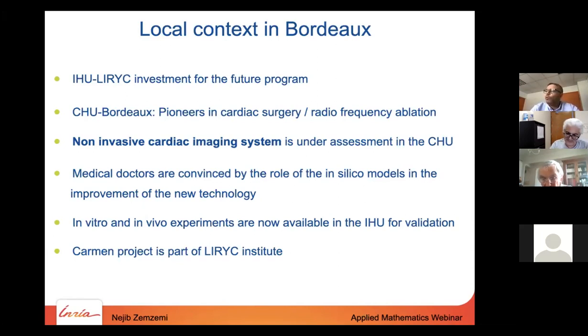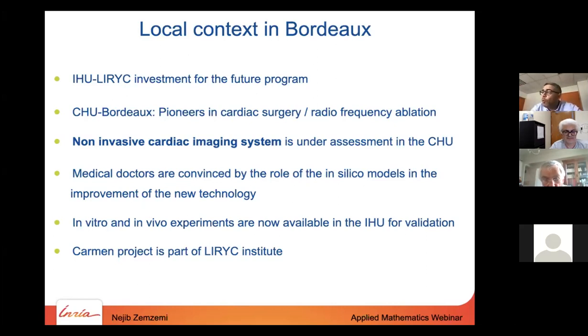Also, we benefit from the fact that the medical doctors here are convinced that the models could help to improve the technology in order to better make diagnoses and treatments. There are also in vitro and in vivo experiments performed in this institute, in the Lyric, for the validation of methods and also for the testing of the treatment.